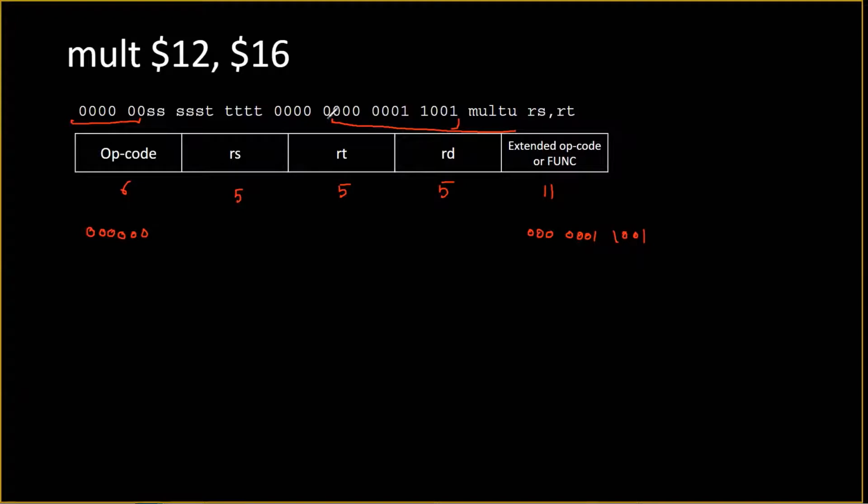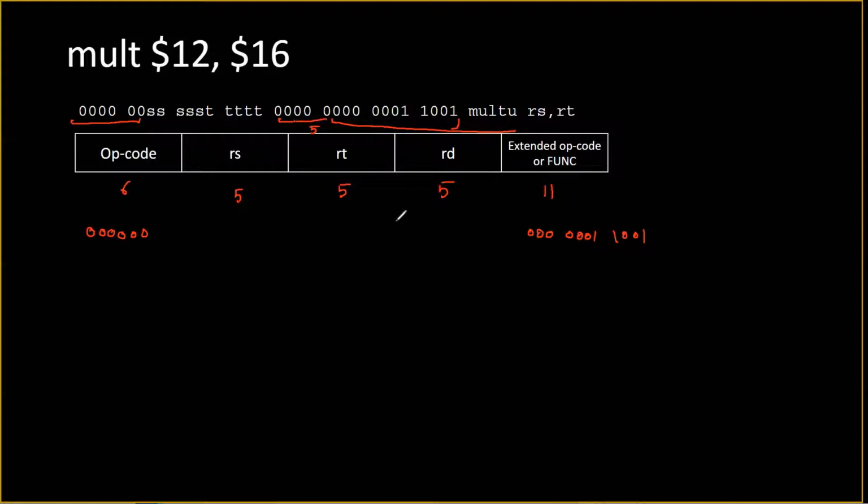So the next 5. In the previous case, this was actually a register, and that was our destination. If you remember, that was a D. So that would be the first thing that we had here. But here it's hard coded to 0 because we only have 2 registers. And that's fine because we are not storing the answer there.